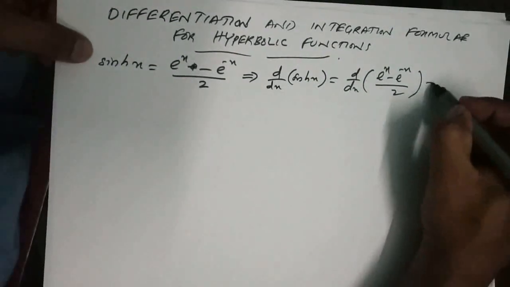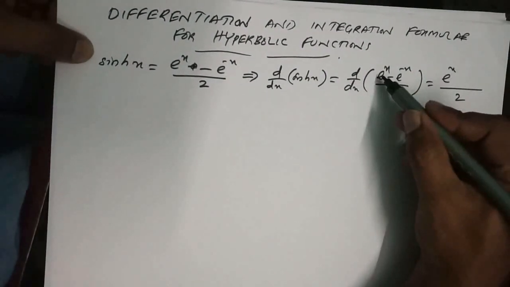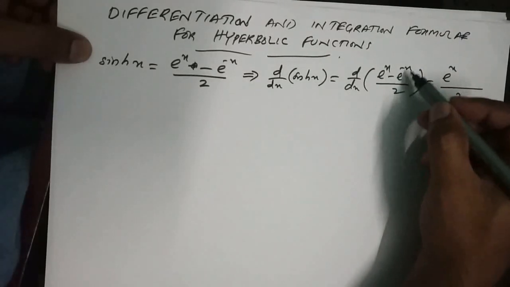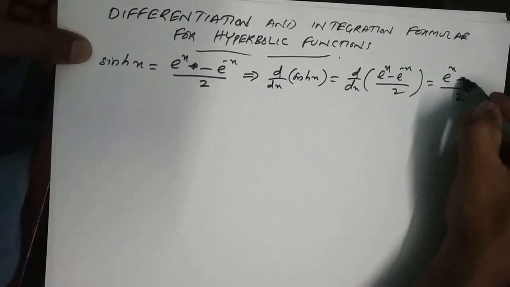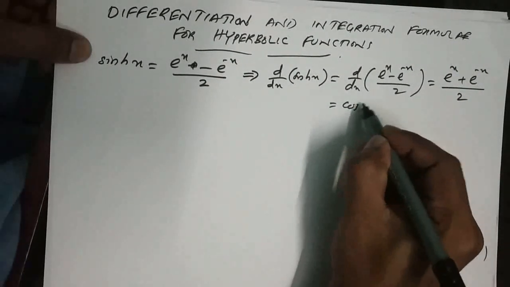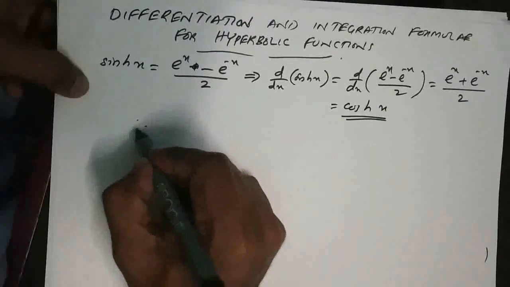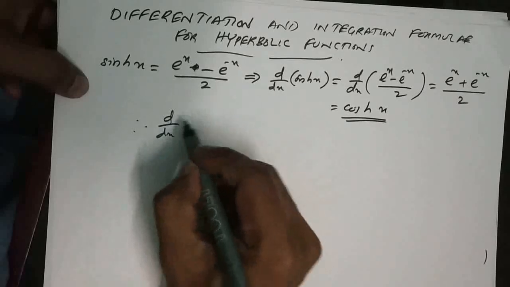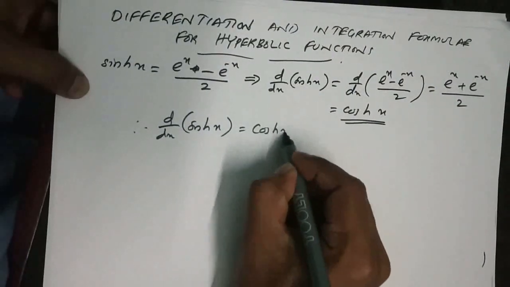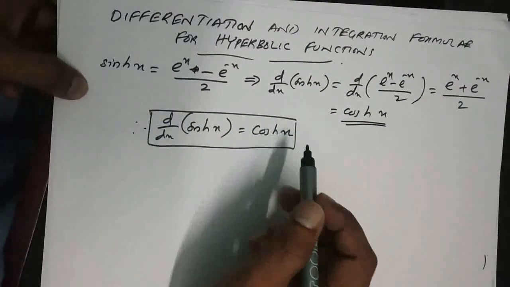This is nothing but what? 1 by 2 into derivative of e power x is e power x, derivative of e power minus x is negative e power minus x, so negative and negative is positive, e power x plus e power minus x divided by 2. This is nothing but cosh of x. Therefore d by dx of sinh x is equal to cosh x.